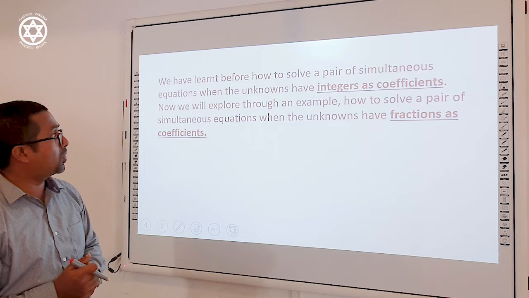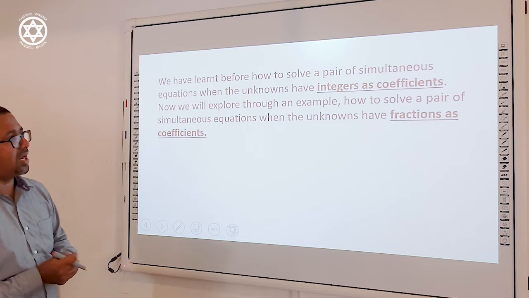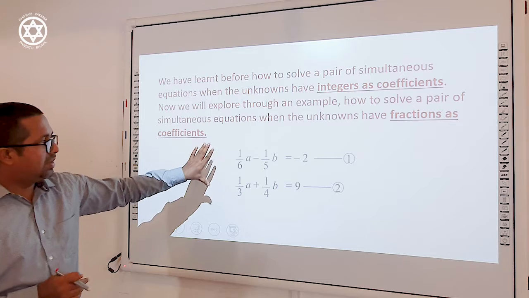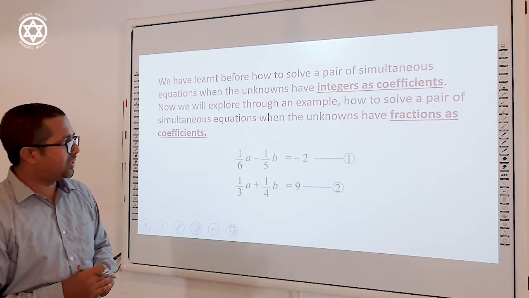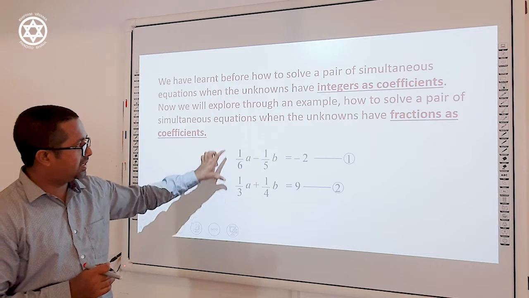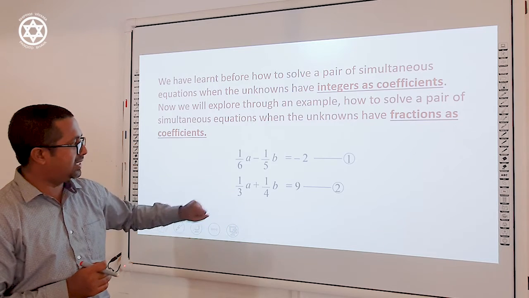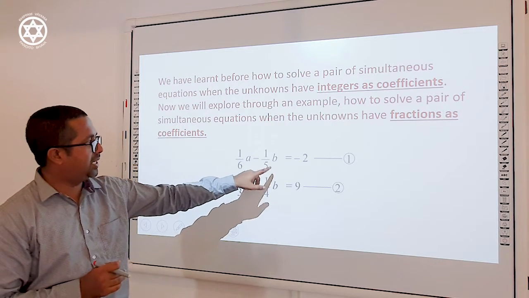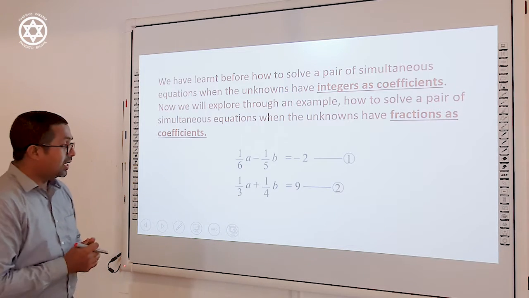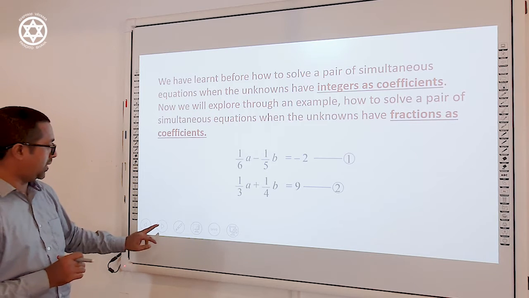Now we will explore an example of how to solve a pair of simultaneous equations when the unknown terms have fractions as coefficients. For example, when you consider the simultaneous equations here, the coefficients of the terms are fractions. The coefficient of a is 1/3, and b is 1/5, and b again in the second equation is 1/4. So I will explain how to solve this type of equations.